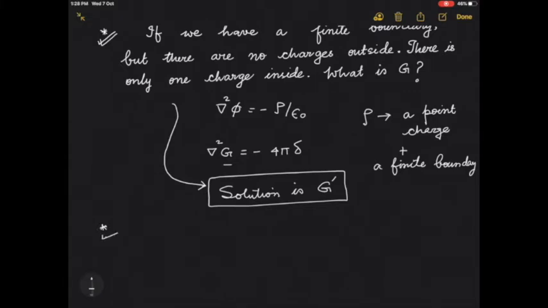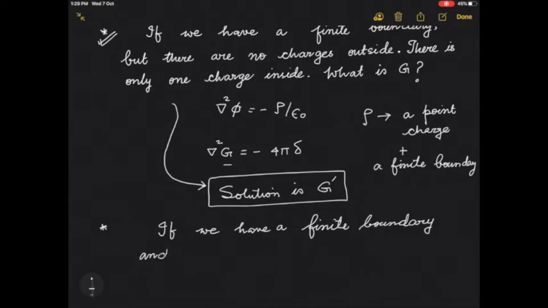What if now I add in charges outside the boundary? So I choose now this case. If we have a finite boundary, okay, so let us first look at the following case.